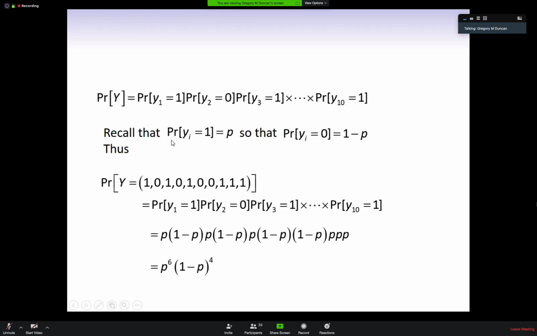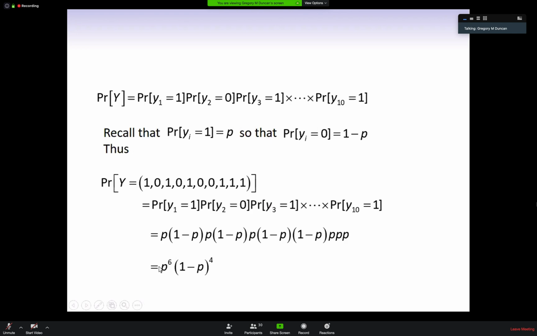So the probability that Y equals 1 is P. The probability that Y equals 0 is 1 minus P. Thus, the probability of this sequence is this probability, which we talked about here. Let's plug and chug. P, 1 minus P, P, 1 minus P, P, 1 minus P, 1 minus P, P, P, P. Okay, simplify that.